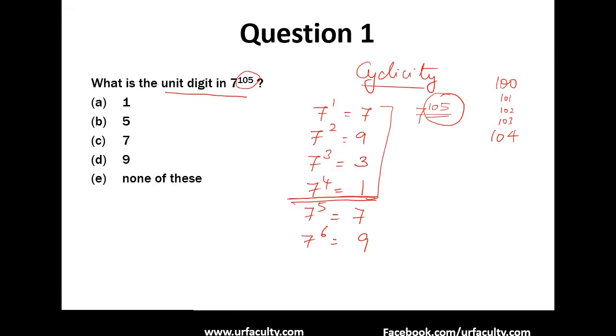Hence, 7 to the power of 104 is equivalent to the end of the cycle of 4. So 7 to the power of 105 will basically be equal to 7. So the answer is 7.